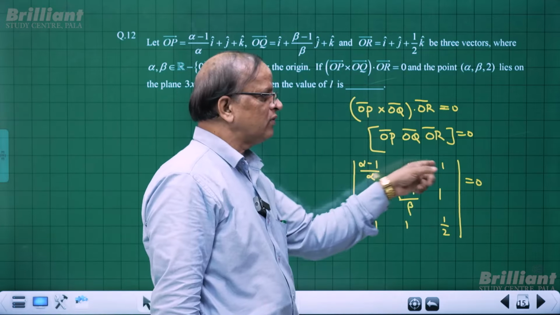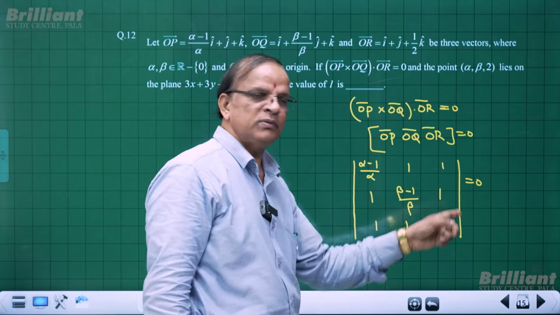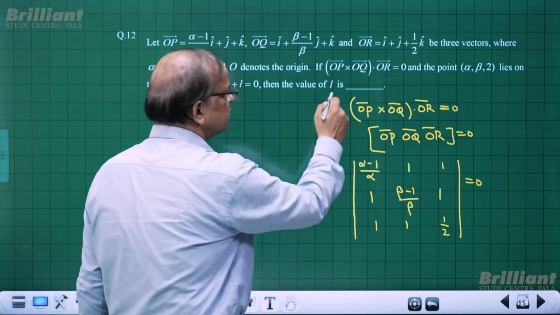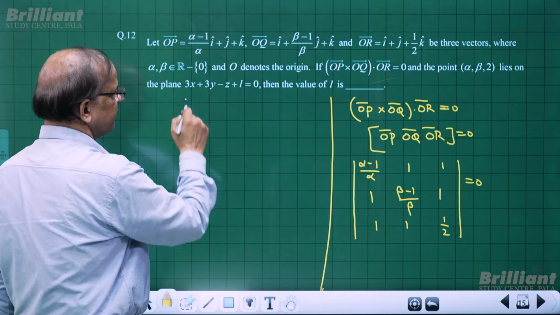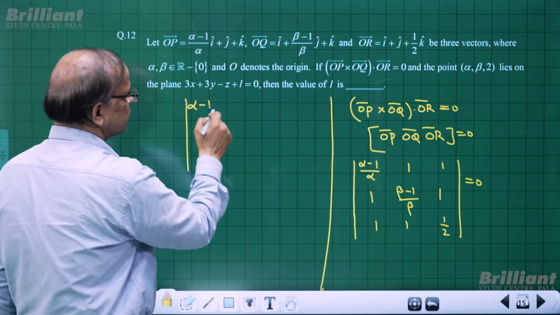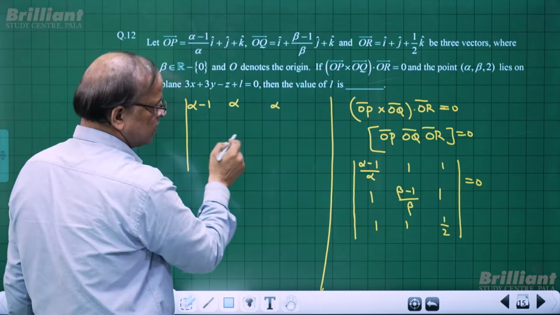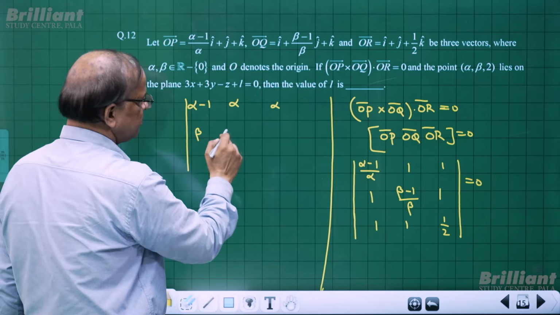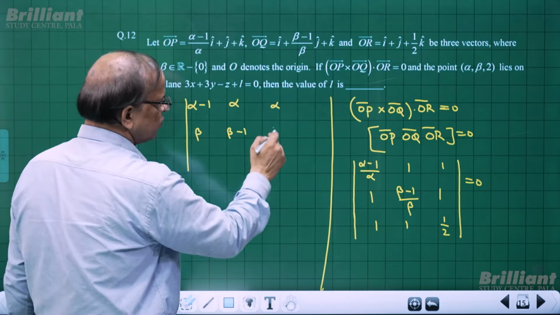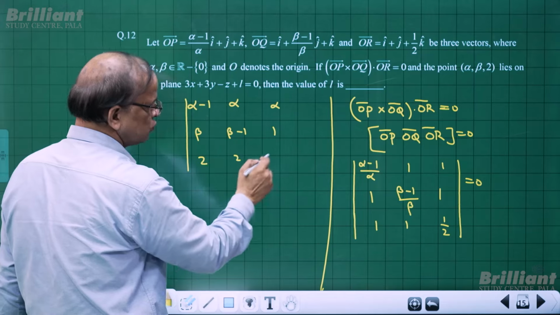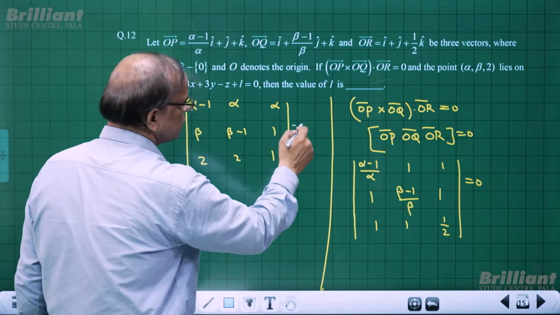So, here alpha multiply, here beta multiply, here 2 multiply. So, therefore, this determinant is alpha minus 1, alpha, alpha and beta, beta minus 1, 1, 2, 2, 1 is equal to 0.